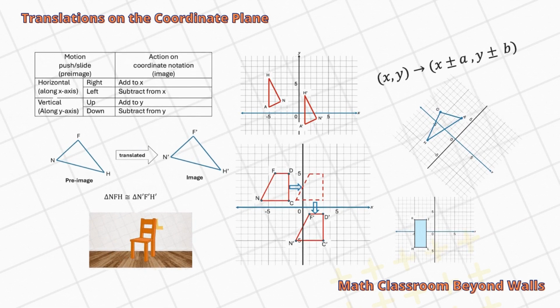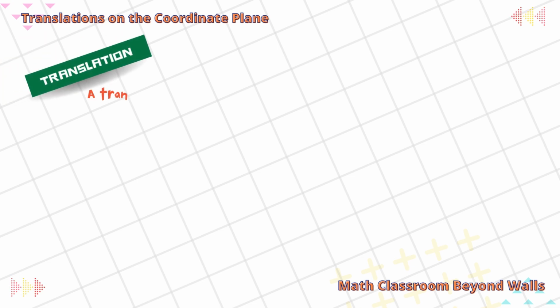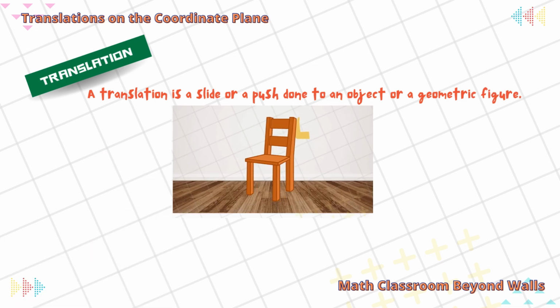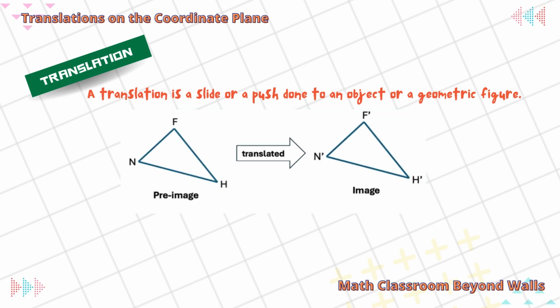Let us recall what a translation is. A translation is a slide or a push done to an object or a geometric figure. In translation, the preimage and the image are congruent. That is, the corresponding angles and corresponding sides are preserved after the translation.